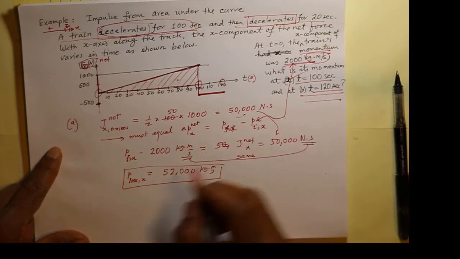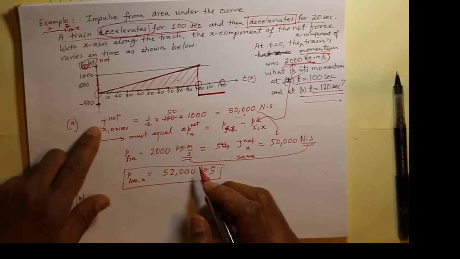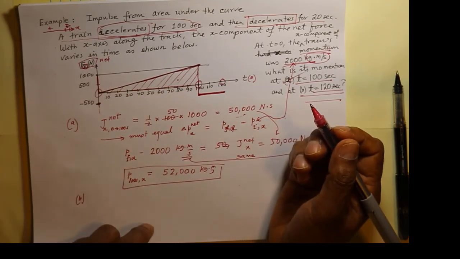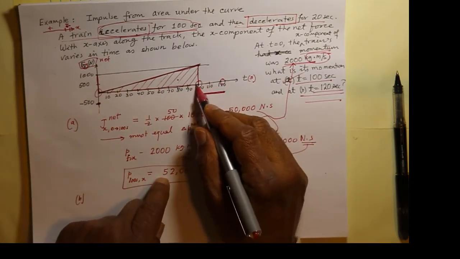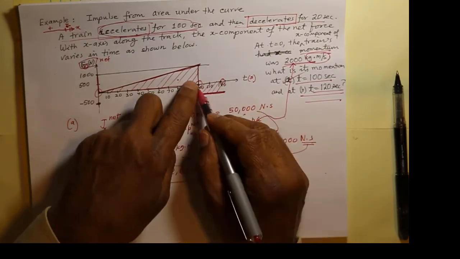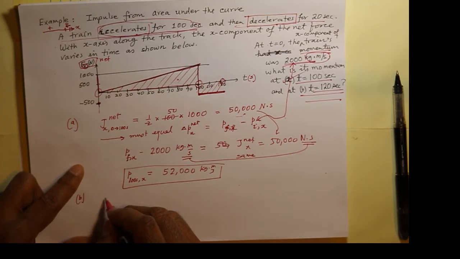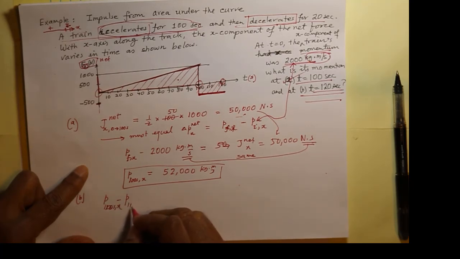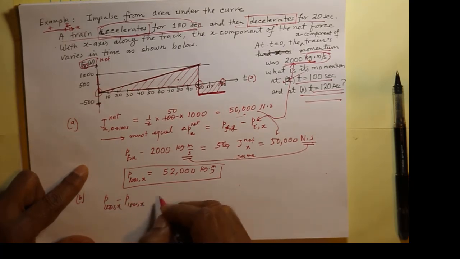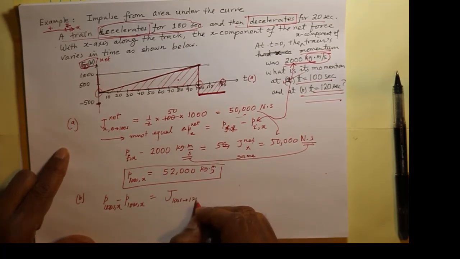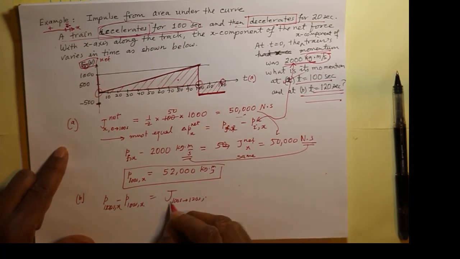What's the answer for the second part? Well, we can go from the area from here all the way there, or we can just say I already have this much momentum over here, so we just need to get the area between here and here. So we can say P at 120 seconds x minus P at 100 seconds x equals J from 100 seconds to 120 seconds in x.